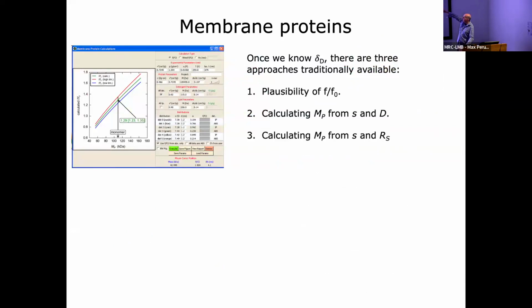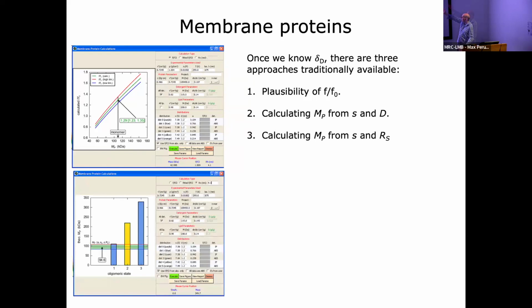You can then work out the plausibility of what the mass is, either from the frictional coefficient change, or from using the mass of the protein, or from the sedimentation coefficient and the radius. And in this case, down at the bottom, it's really asking whether my protein is a monomer or a dimer, and essentially a monomer state fits what the data looks like.